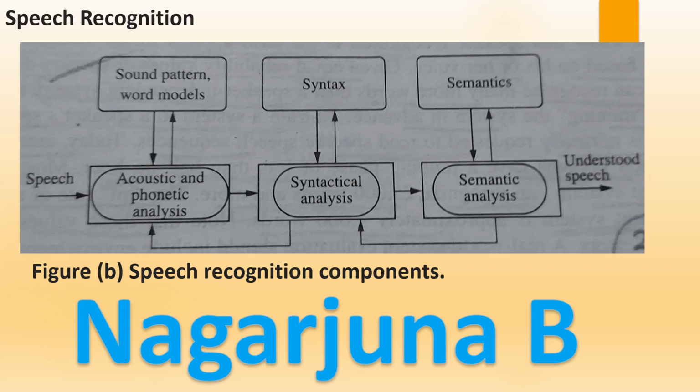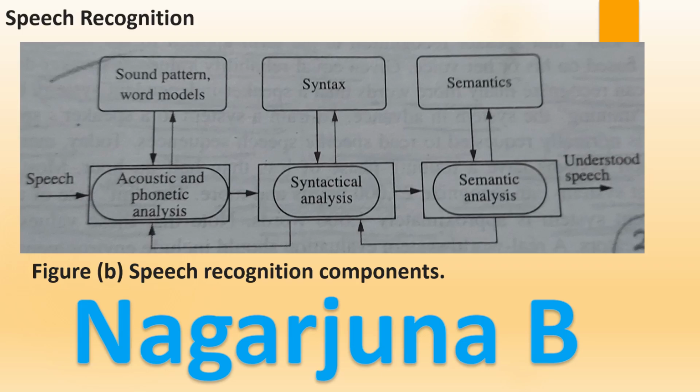So here what it will be extracting is the sound patterns and the word models, and it will be doing the comparisons with those which have already been stored, the sound patterns and the word models. So the first step applies the principle of speech recognition to the sound patterns and to the word models.